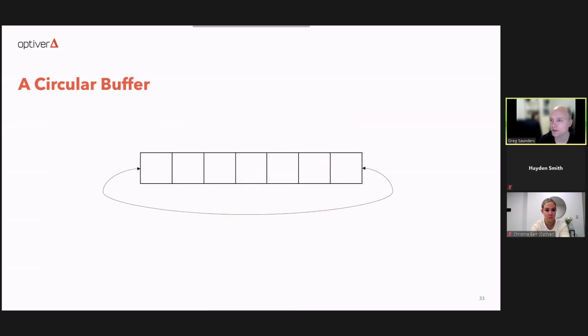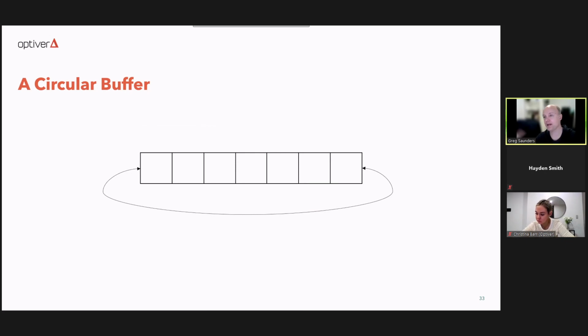And one thing that we can do in this particular instance is we can use something called a circular buffer. So a circular buffer is just, say, a vector or an array where we utilize entries in the array, and if we need to go off the end, then we just go back to the beginning of the circular buffer.